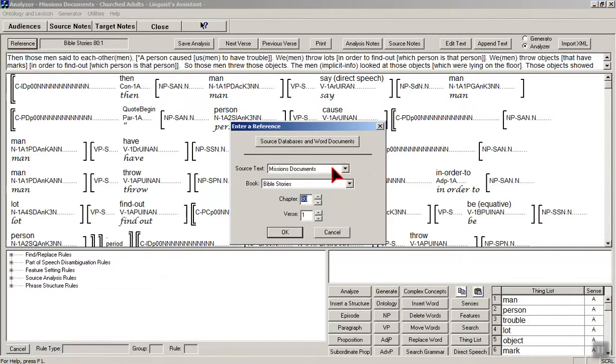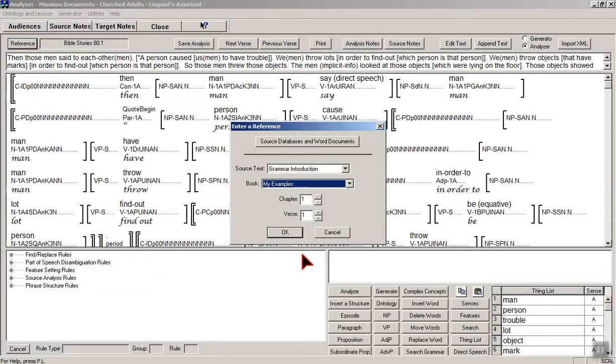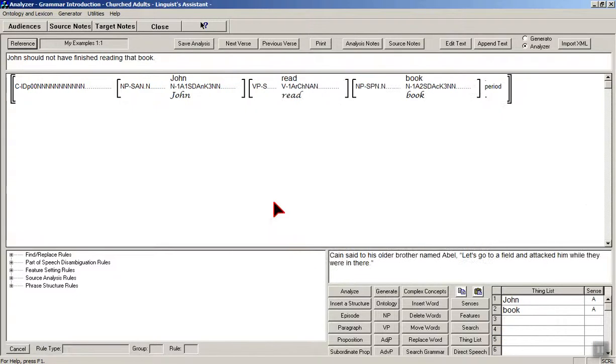Another possibility would be to go to grammar introduction, I think, and then to my examples. And so there should be some space that you can use here.